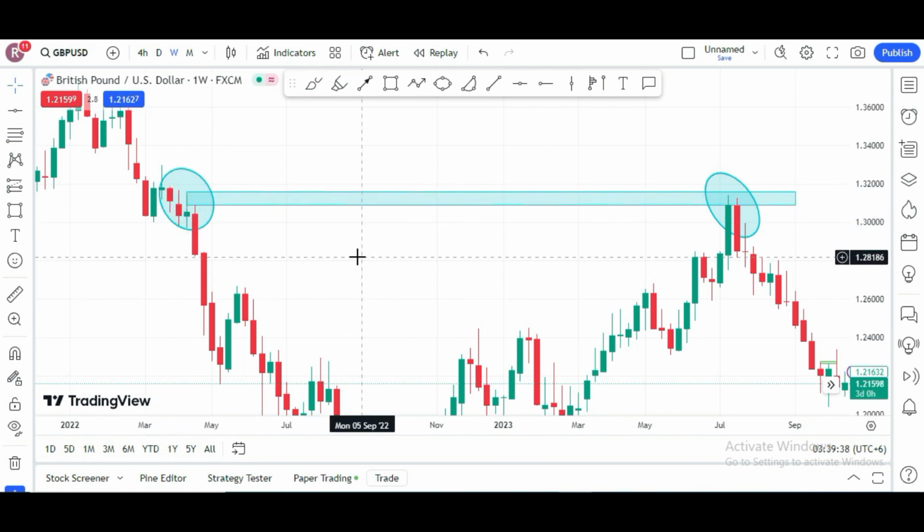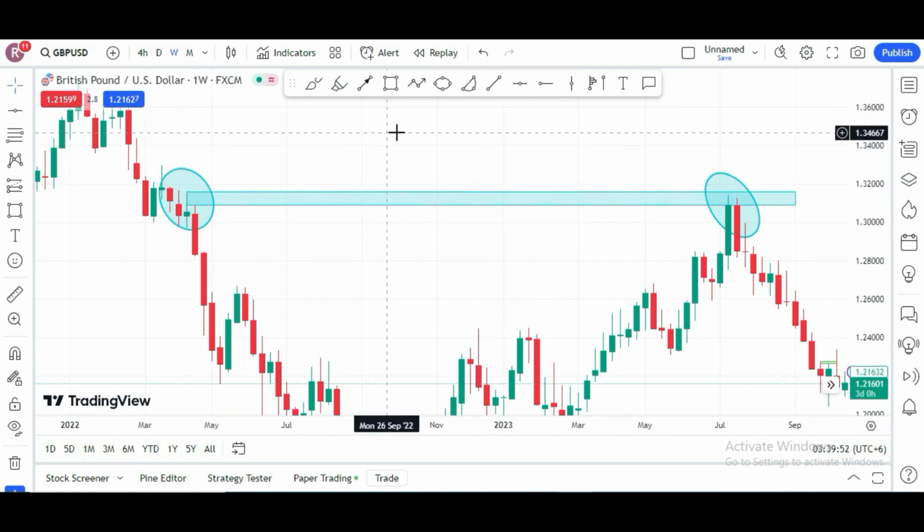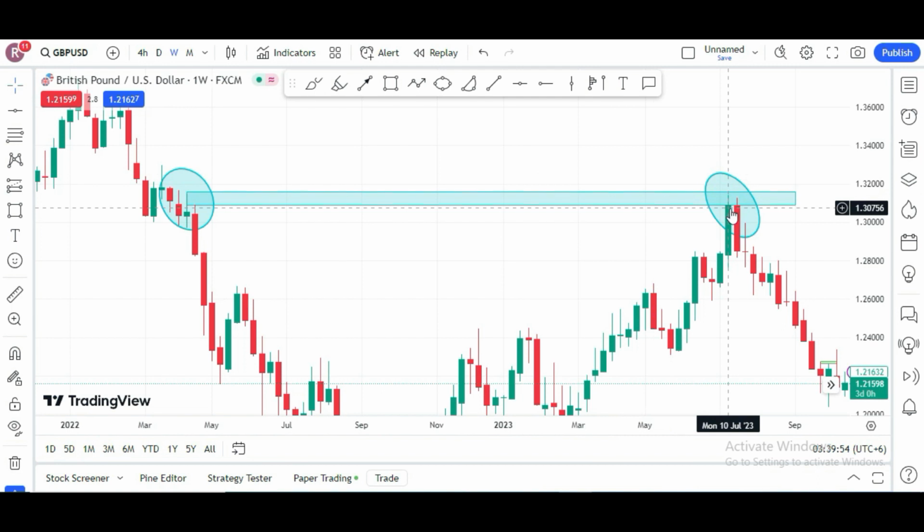Mainly twigs are preferable, but if sometimes we don't get anything to match, then we leave it alone. So here we can see it is remarkably matched. We can say this is a double top confirmation.